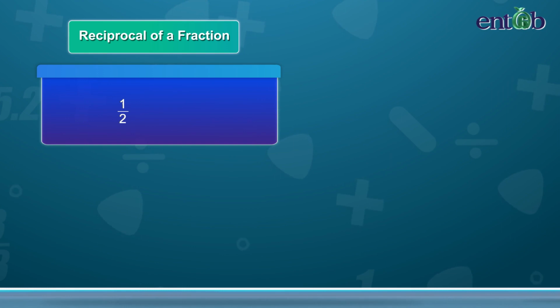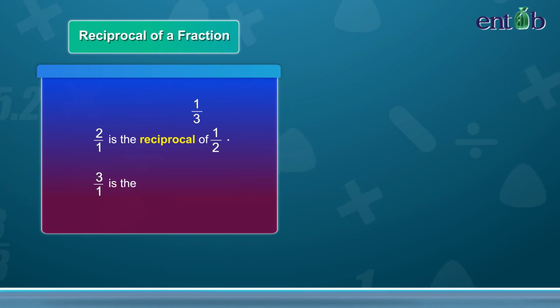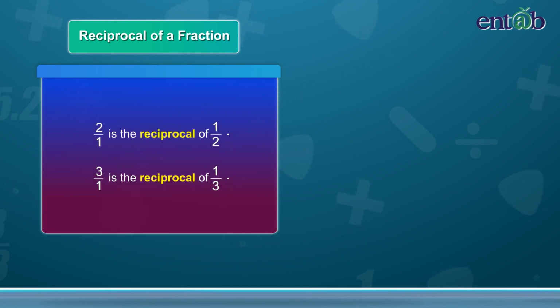Similarly, when we interchange the places of numerator and denominator in 3/1, we get 1/3. So, can we say that 2/1 is the reciprocal of 1/2 and 3/1 is the reciprocal of 1/3, or they are reciprocals of each other respectively?